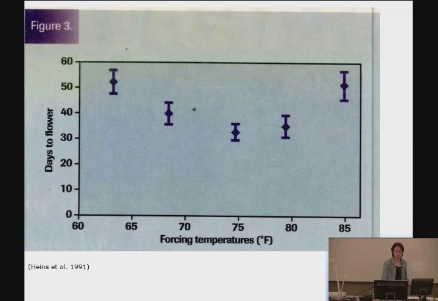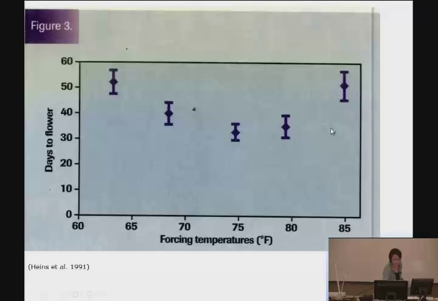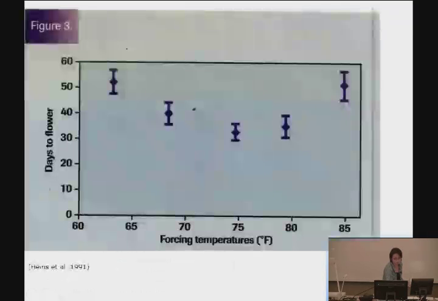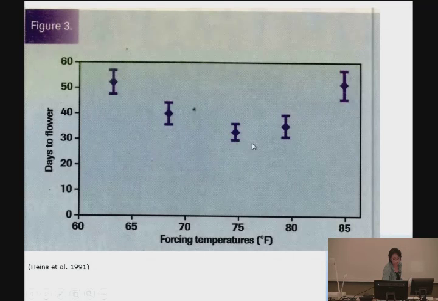So the shape of the curve is opposite, right? But the meaning of this curve is the same as the previous one. The previous one showed the temperature that allows the fastest development. So that's the optimum temperature.